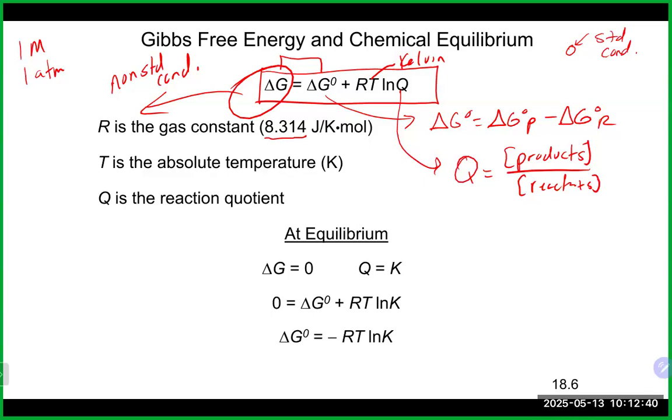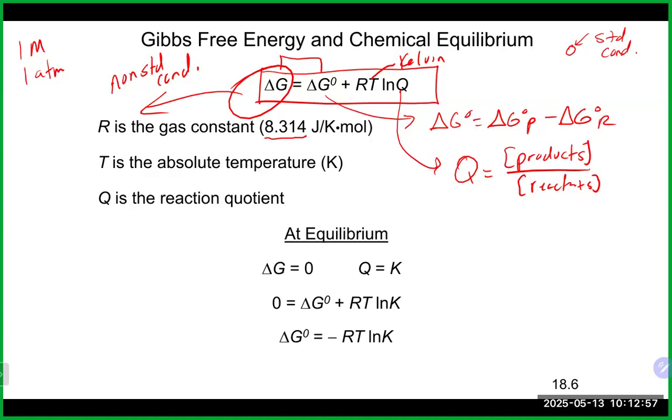So if you come across a problem where the concentrations are not 1 molar or the pressures are not 1 atmosphere, then you would probably want to use this equation. This is your delta G equation when something is under non-standard conditions.